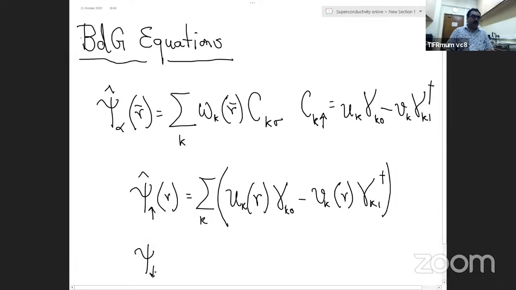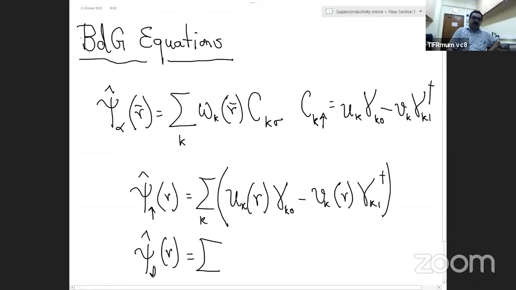Similarly, to create a down spin, I will sum over minus k down here, because that is what I have used in BCS theory, but since I am summing over k, it does not matter whether I put minus or plus.